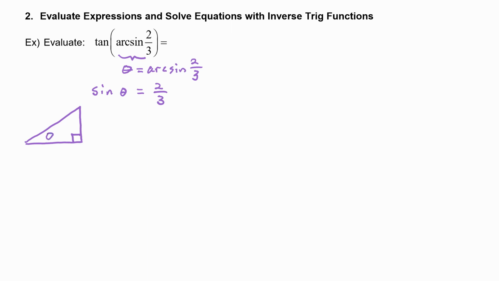Here's theta. If the sine of theta is 2/3, that means the opposite side is 2, the hypotenuse is 3, and this leg over here is going to be the square root of the hypotenuse squared minus the other leg squared. So this is equal to radical 5. So what this problem is asking us to do is to find the tangent of this angle.